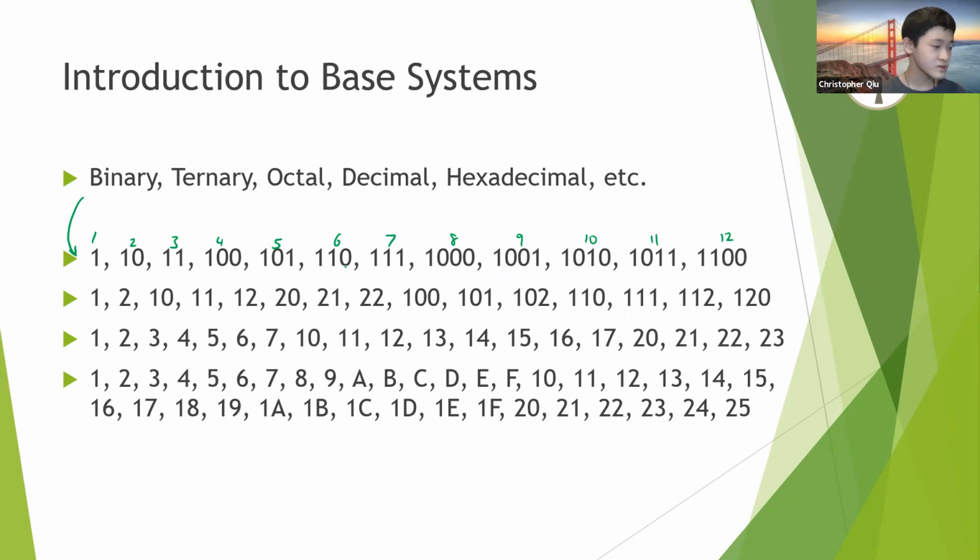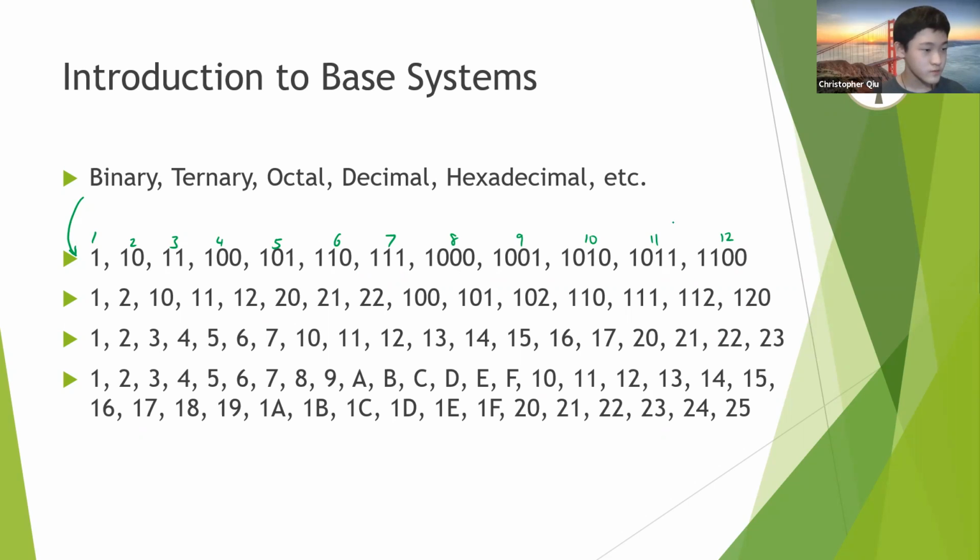We add 1 to the units digit, and if that fills up the units digit, we add it to the 2's digit. And then when the 2's digit is full, we add the digit to the 4's digit, and so on.